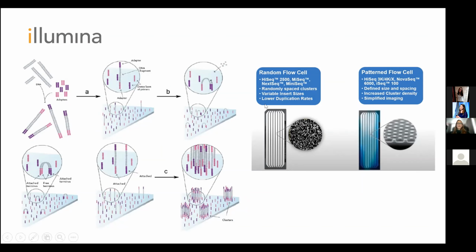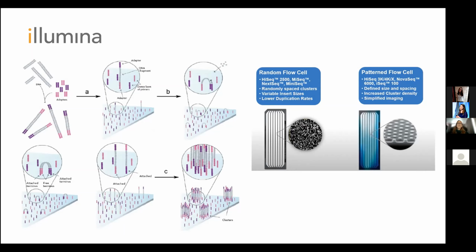Currently, there are two kinds of flow cells: random and patterned. The random flow cell doesn't have nanowells, whereas the patterned one does. In a random flow cell, overclustering could occur since the DNA could be attached to oligos on the flow cell unevenly and be unevenly distributed.